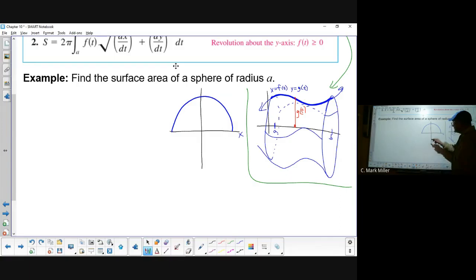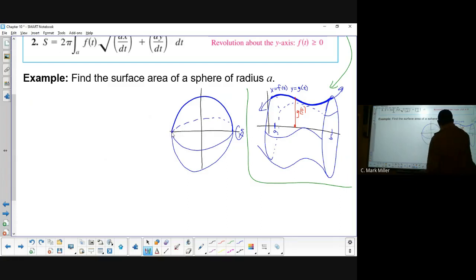As it gets revolved, it's going to be like this, and it's going to have a radius of a. This distance here is a.